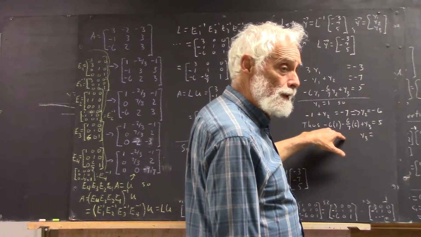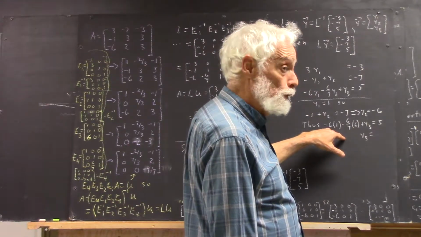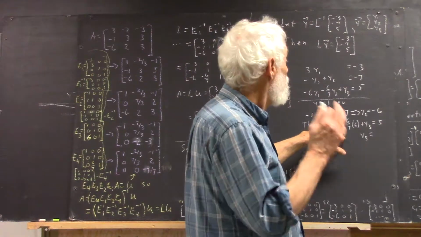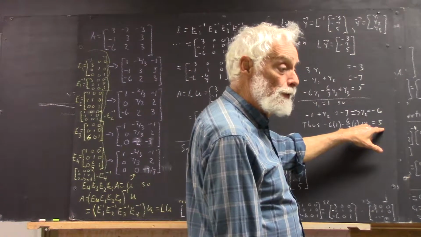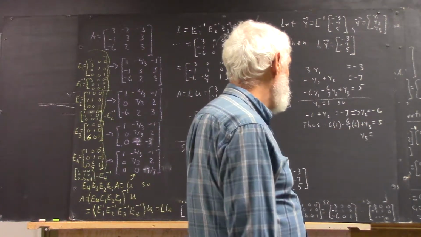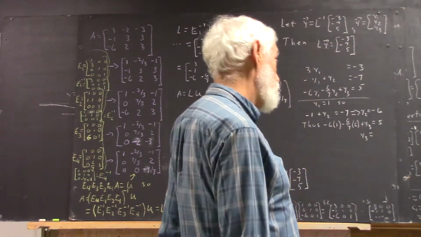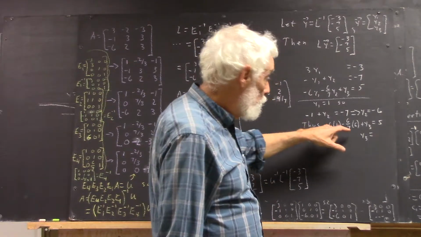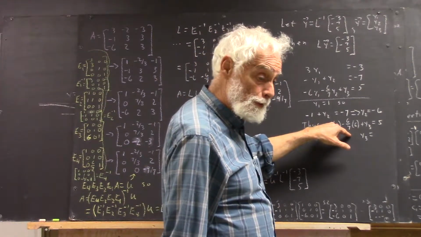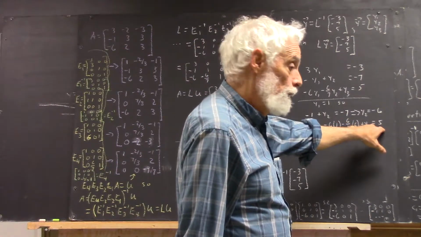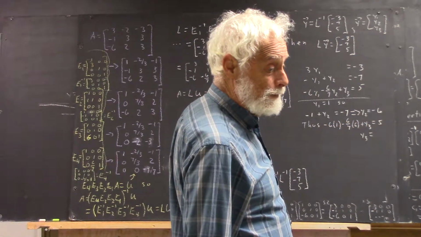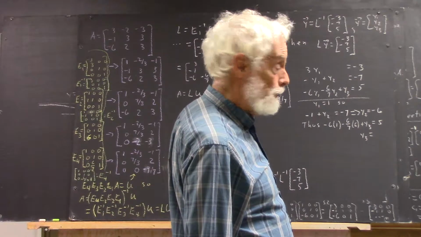So -42 and -36 is -78/7. 5 is 35/7. We add 78 to the 35, and we get 113.